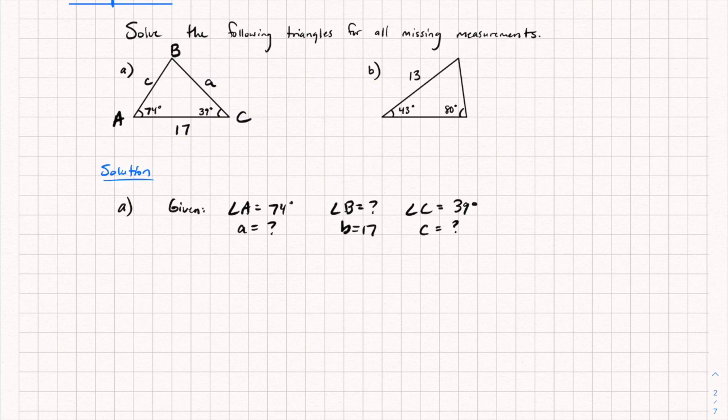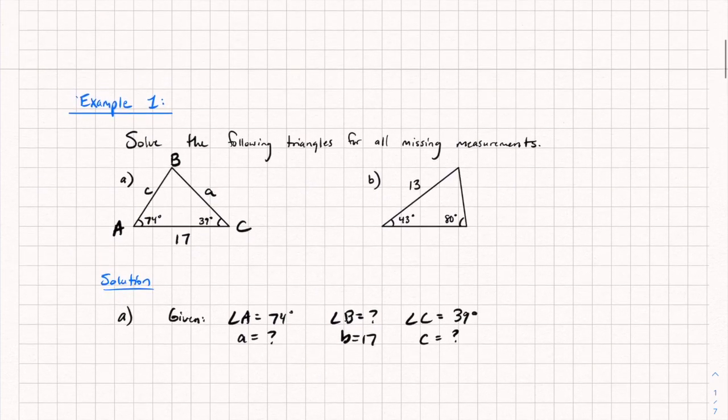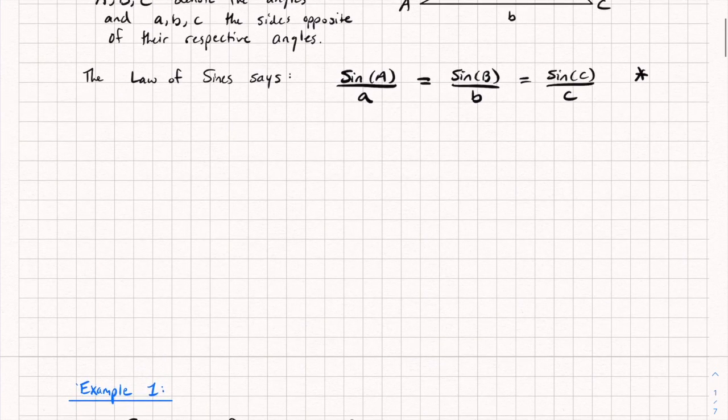So if I'm looking at these pieces here, I actually cannot use law of sines right now, because if I'm going to solve for something, that means I need to take a ratio, and I would need to know everything but one single item. So for example, I would need to know this angle and this side, and then I could solve for little a. Or maybe I know this side, this angle, and this side, and then I could solve for angle B. No matter which way we do this, I have to at least know a pair, right?